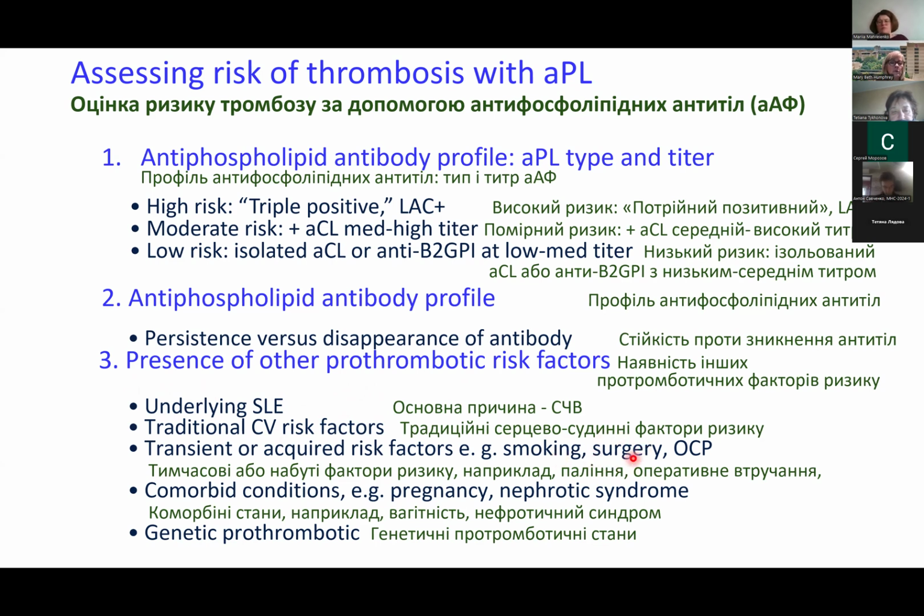Having surgery, so during surgery, you're going to have a lot of tissue factor, part of the clotting cascade, release. You're going to have antiphospholipids on the endothelial surfaces that are being exposed. And so you can end up developing a procoagulant state during that time. And then OCP stands for oral contraceptive, so birth control pills.